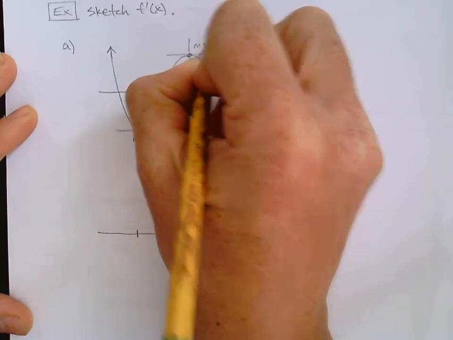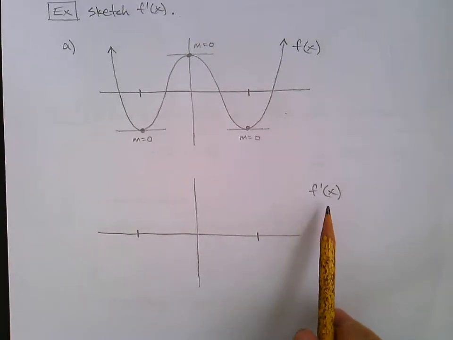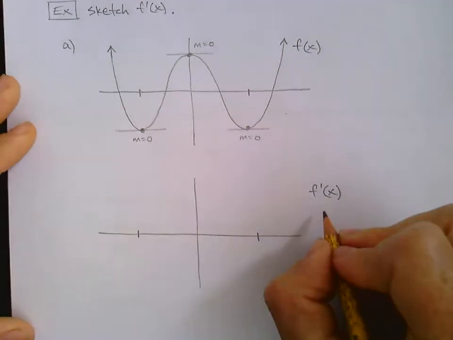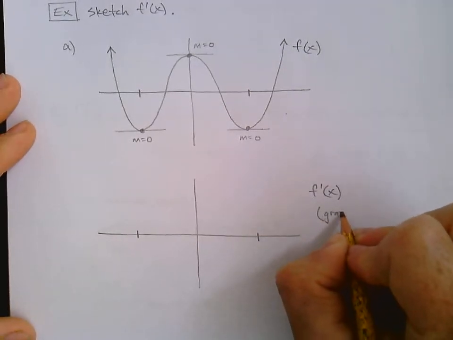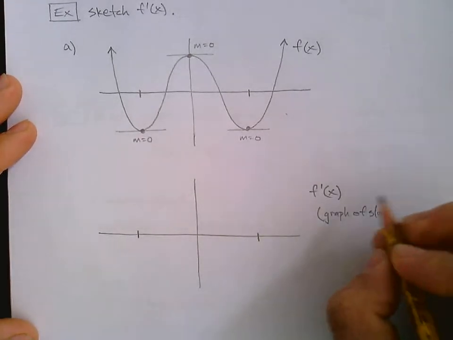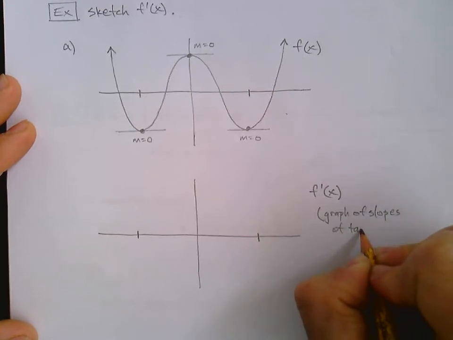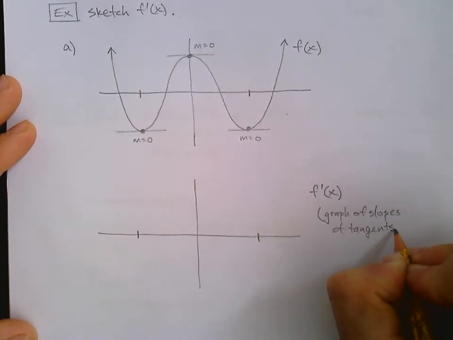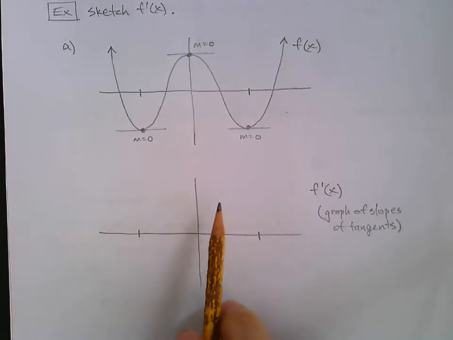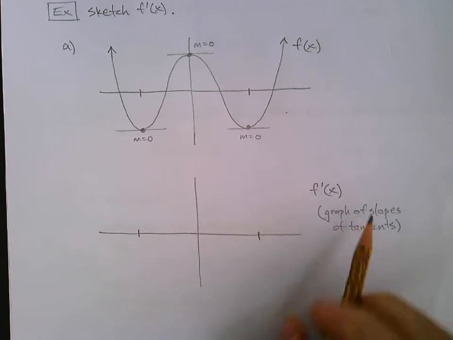that slope is 0. Okay, since the derivative is going to be a graph of the slopes of the tangent lines, it's easy to get confused on what it is you're even graphing. A graph of the slopes of the tangents, we'll say. So the y values, if you will, are going to be those slopes.